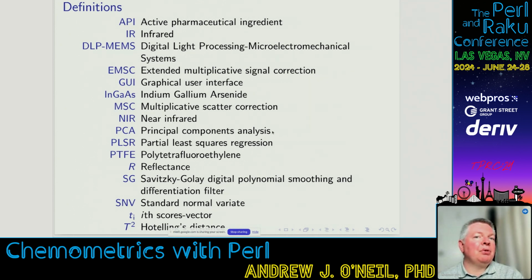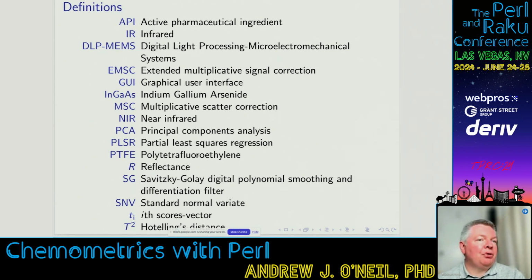PCA stands for principal components analysis, and it's a data reduction technique that maps a multivariate signal, so a signal with lots of different variables. It transforms that signal down as a vector in a low-dimensional pattern space, so it can be plotted as a point in an n-dimensional pattern space, and that can be used for cluster analysis, which is what I've done in the example that I'm presenting in this talk.